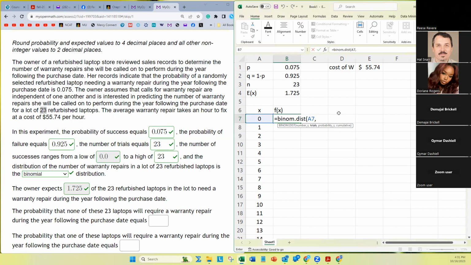Again, no. What I can do is click on B3, but I'm going to pull this probability distribution down, so I want the B3 to be frozen. How do I freeze the B3? You put the dollar sign between the B and the 3. Exactly.